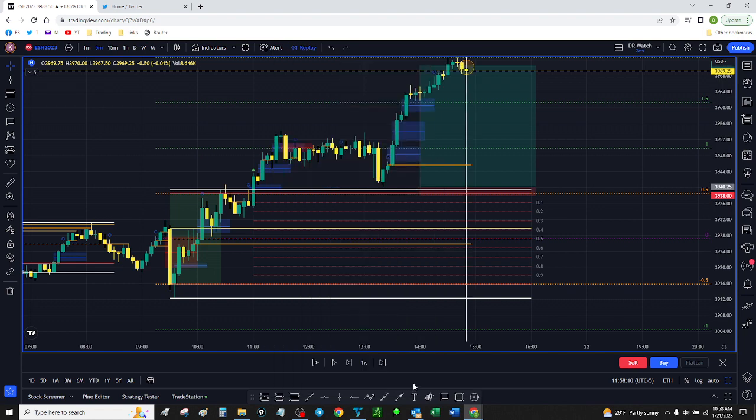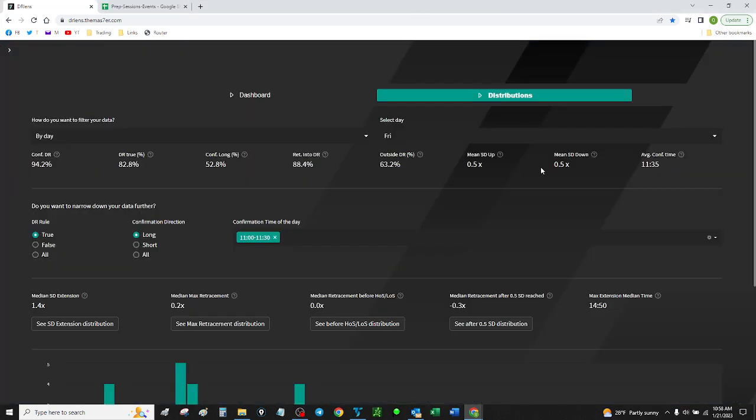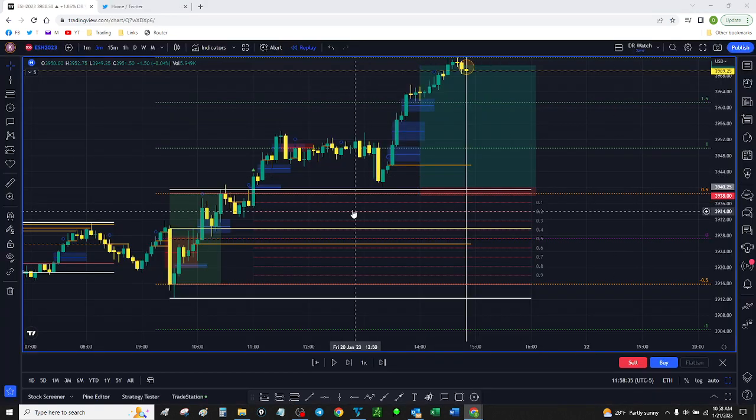It's just amazing. It also put these retracement deviation marks in here, so on days when it says there might be a max median retracement right here, 0.2 median retracement after the 0.5 standard deviation is reached is negative 0.3, so then you would use those lines to calculate how far back into the range we expect it to retrace.